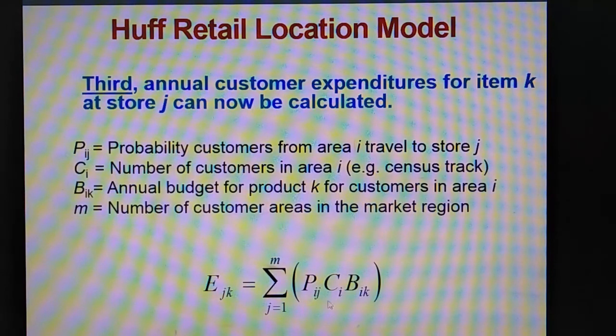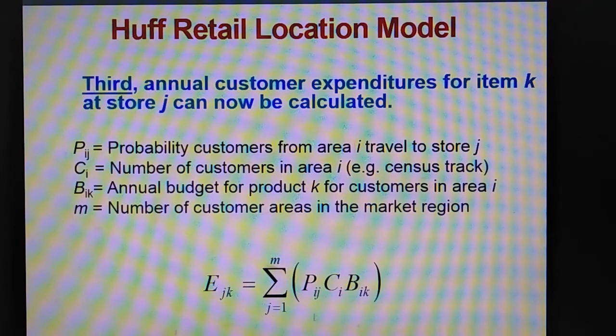and multiplied by C. C is the number of customers in area I. For example, maybe you can derive it from the population census. For example, that city has 10,000 or 20,000 population, and multiply by B, which is the budget for product K for customers in area I. This also depends on the income of customers in area I. And M here is the number of customer areas in the market.